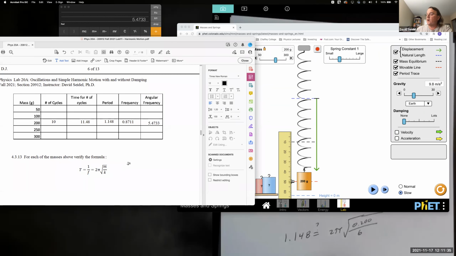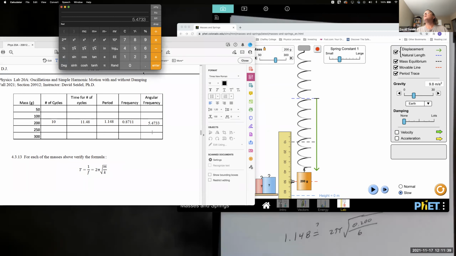So I'm just verifying this. 0.2, we put it in position 4. Your calibration table should tell you that that is 6 newtons per meter at position 4. Hopefully it does.